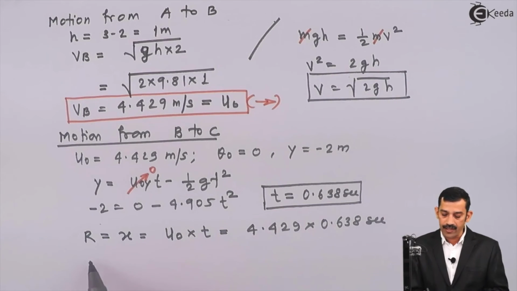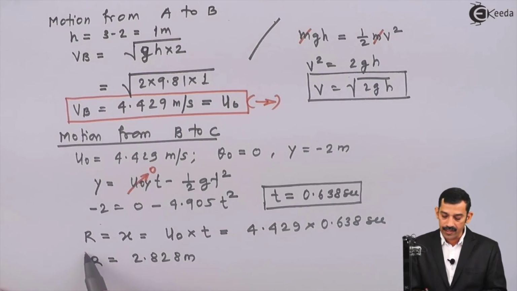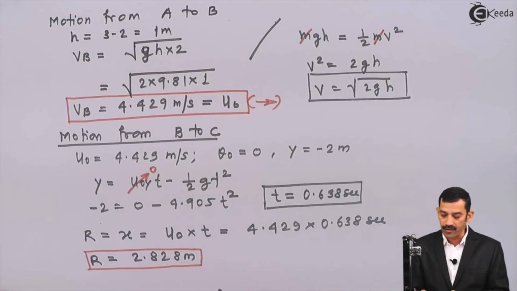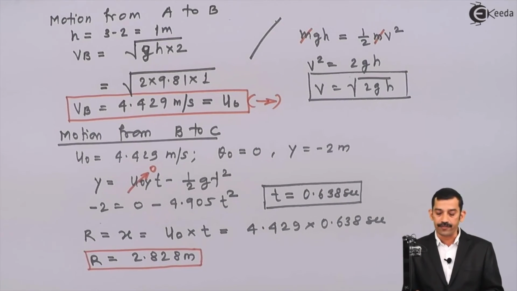Using the calculator, if you multiply, you get the displacement r. The answer comes out to be 2.828 meters. That means this is your first answer: at what distance the can must be placed so that the marble strikes in the can at C.